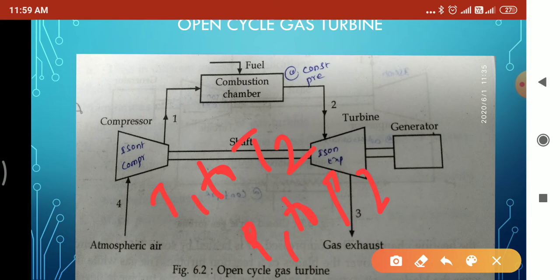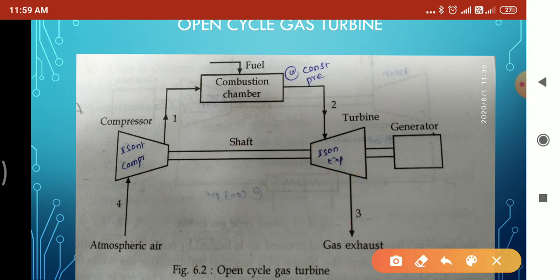First the atmospheric air is sucked into the compressor and compressed to the required pressure from P1 to P2, and the temperature increases from T1 to T2. After that, the compressed gas is passed into the combustion chamber.